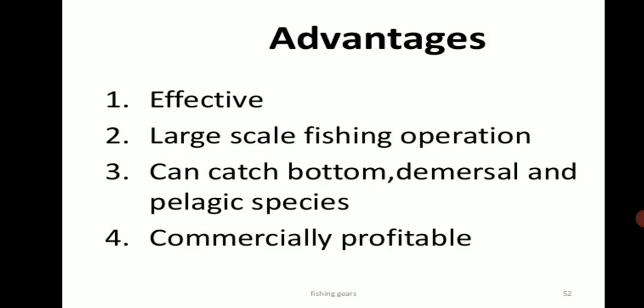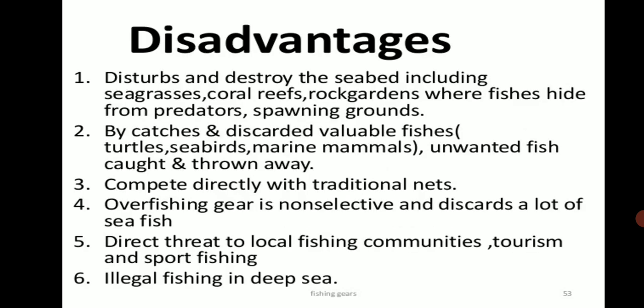Advantages: effective and large-scale fishing operation, can catch bottom, demersal and pelagic species, commercially profitable. Disadvantages: disturb and destroy the seabed including sea grasses, coral reefs, rock gardens, which are where the seal hides from predators and spawning grounds. By-catch: discard of valuable fishes, turtles, seabirds, marine mammals, unwanted fish caught and thrown away.